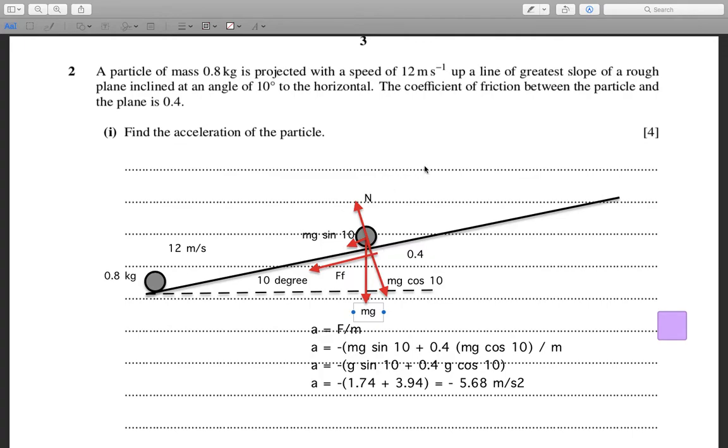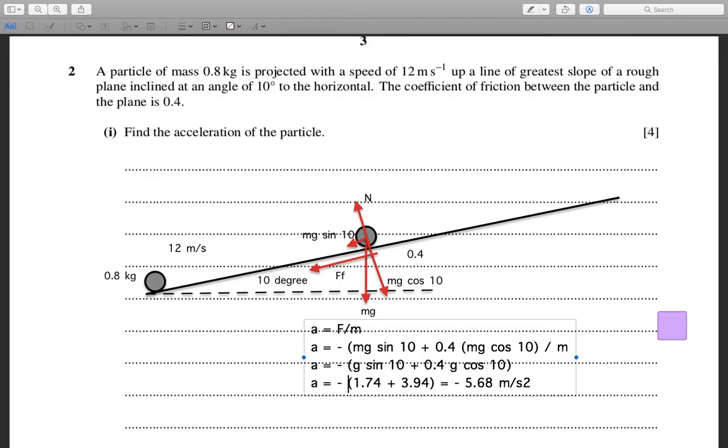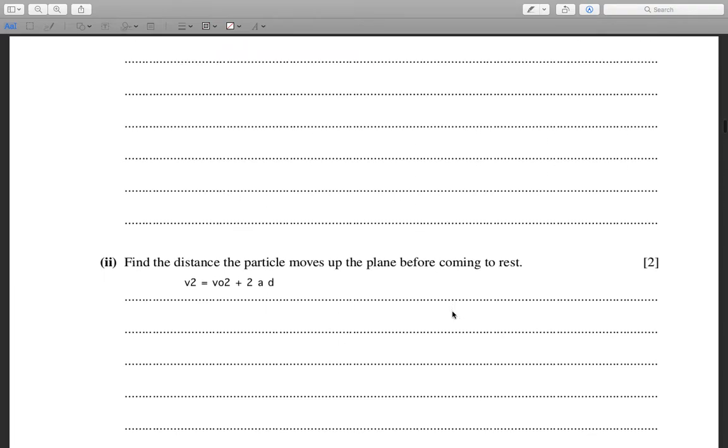The direction actually, if the particle is sliding up, all the forces are going down. So the sign is negative here because all the parameters are in the opposite direction.